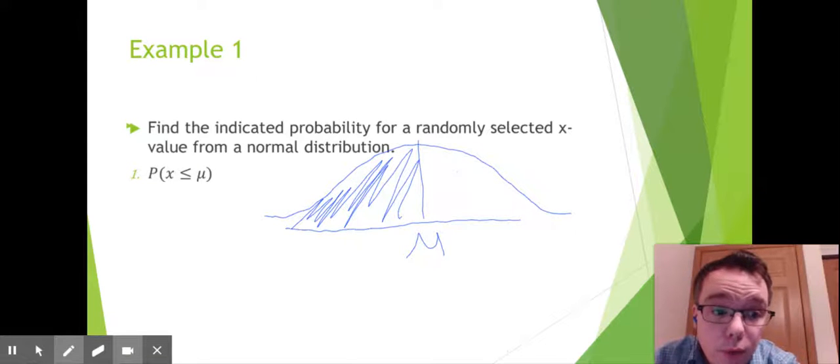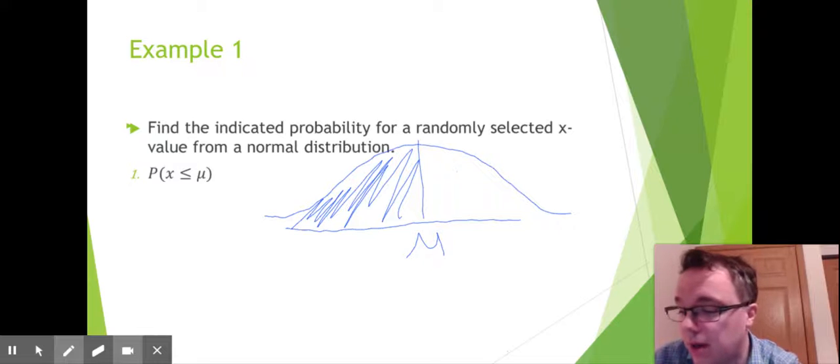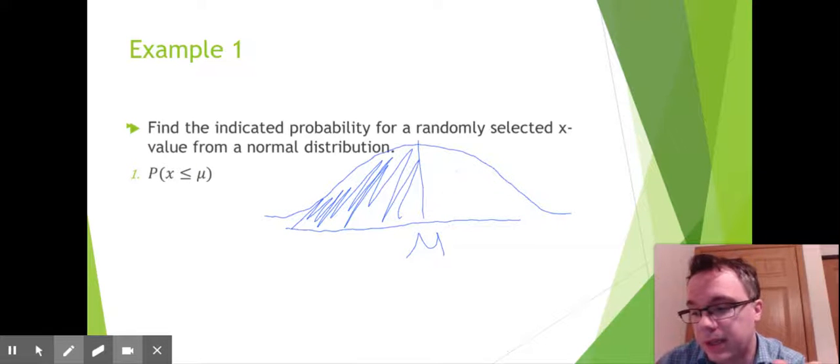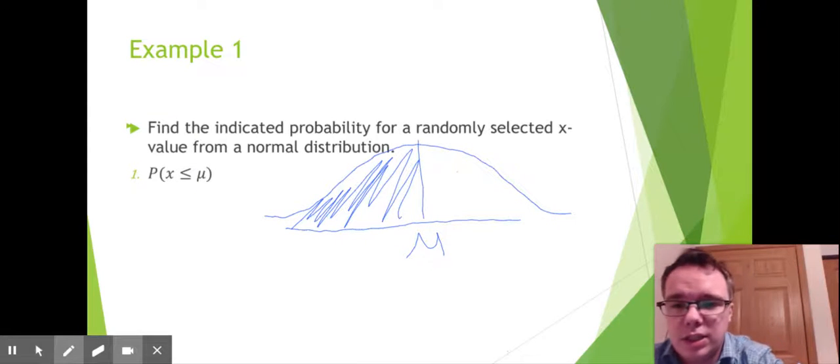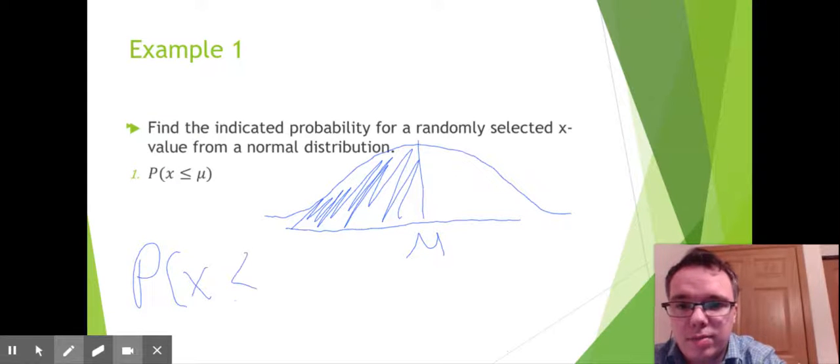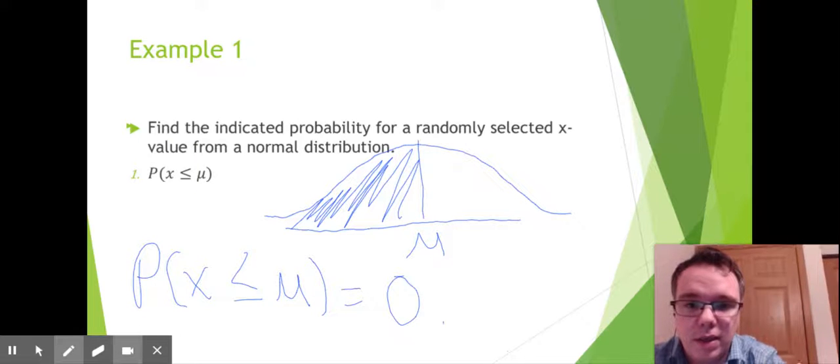So here's our mean, and we want to know basically what's the probability that we are down here. We could go through and sum up our 34% plus our 13.5% plus our 2.35% plus our 0.15% from our graphic, or we can just notice looking at our graph, since it's symmetrical and half of it is shaded, the probability that any data point we have is less than or equal to our mean is going to be 50%.